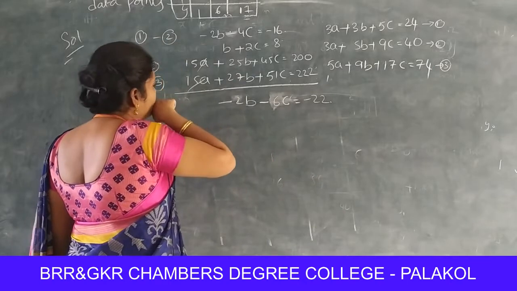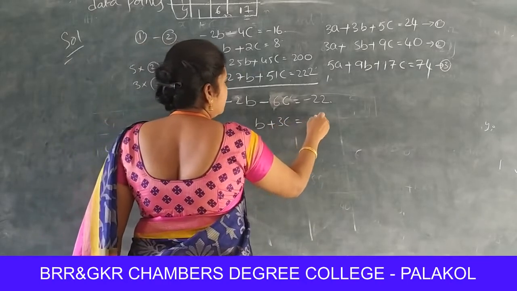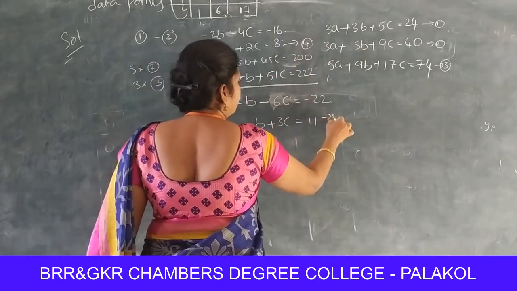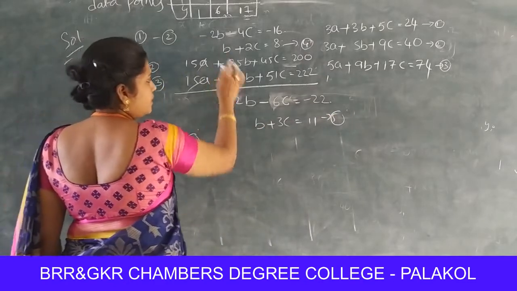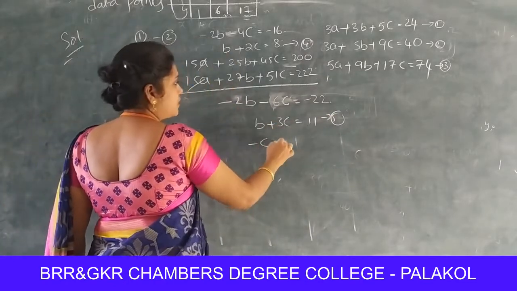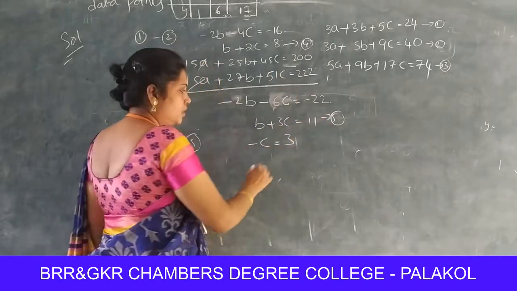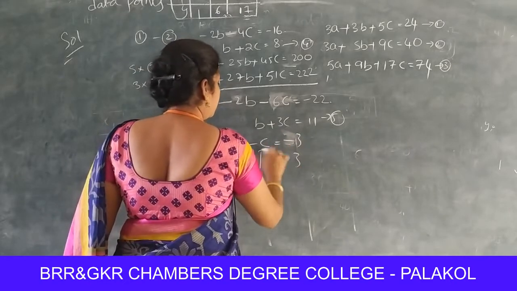Then we cancel 2 and get 11, so this is equation 4 and this is equation 5. Subtract 4 and 5, then we cancel B, and 2C minus 3C is minus C, 8 minus 11 is minus 3. So minus C is equal to minus 3, that is C is equal to 3.